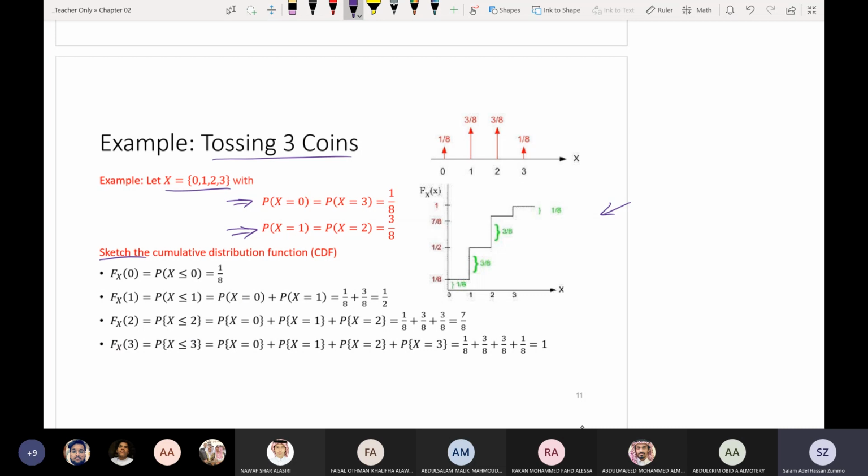Now, in order to sketch the cumulative distribution function, we need to be able to find its value at all different values of X. So in order to sketch F_X of x versus x, we need to find values of this function for all values of x, right? To sketch.